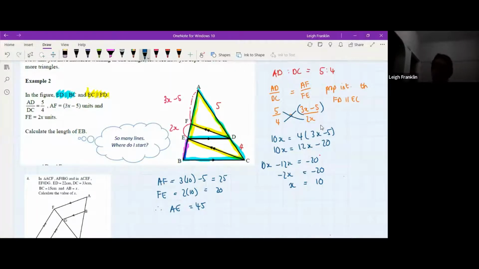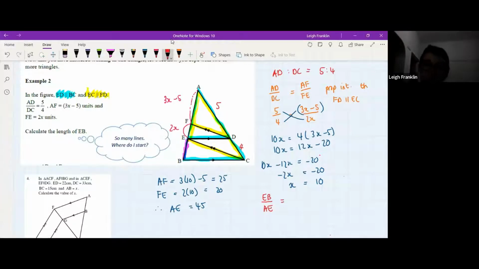And now that I have AE, I can go back into the blue triangle and I can work out the length of EB. Okay, so there are numerous ways in which I can do that, or different proportions that I could write. I'm just going to do this. I'm going to put the unknown that I'm looking for into the numerator. So I'm going to put EB at the top and I'm going to put AE at the bottom.